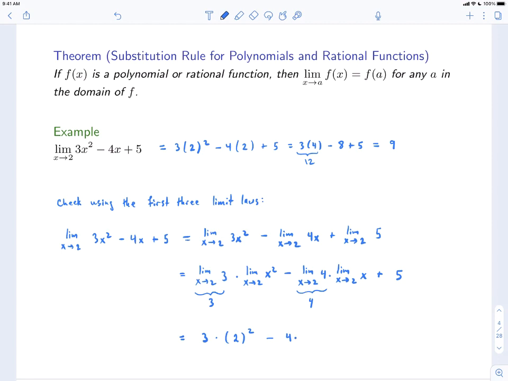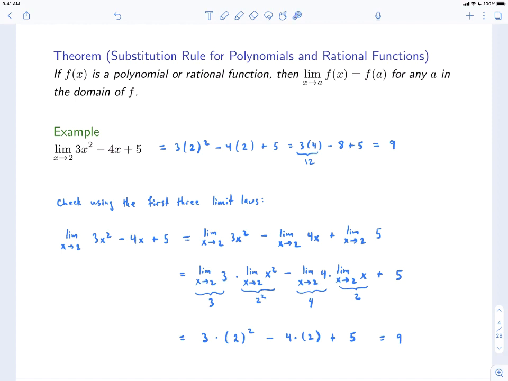Well, the limit as x goes to 2 of x is just going to be 2. This one is 2 squared. So this will just be 2 plus 5. And notice that this value here is exactly what we started with when we used the substitution rule. So this will again be 9.